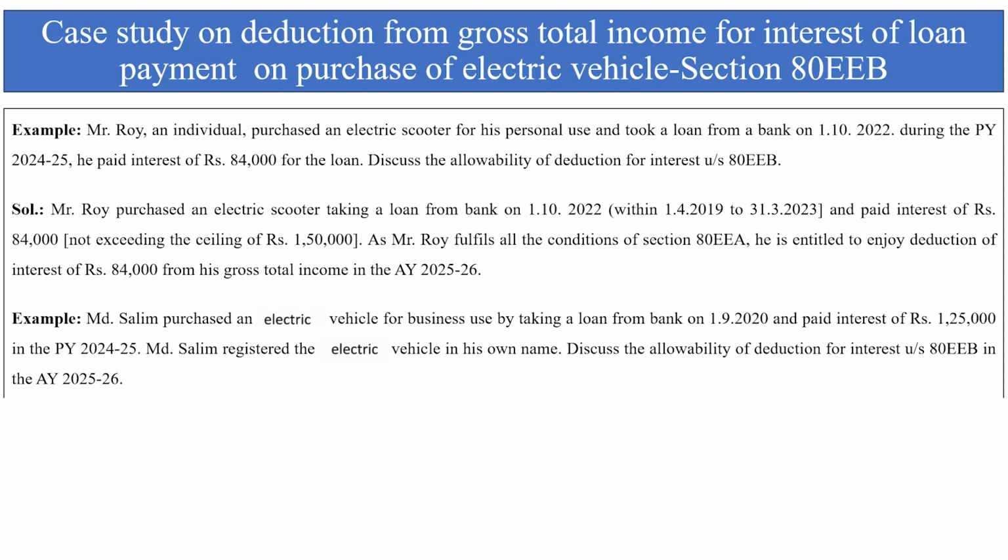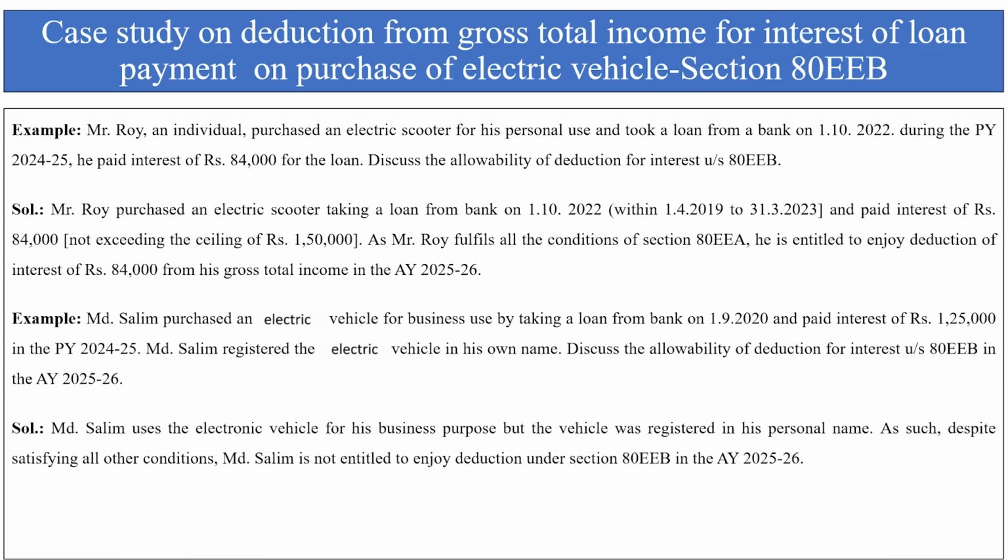So, despite fulfilling all other conditions, Mohammad Selim, who bought the vehicle and registered it in his personal name but used it for business purpose, is not entitled to deduction under section 80EEB in the assessment year 25-26.